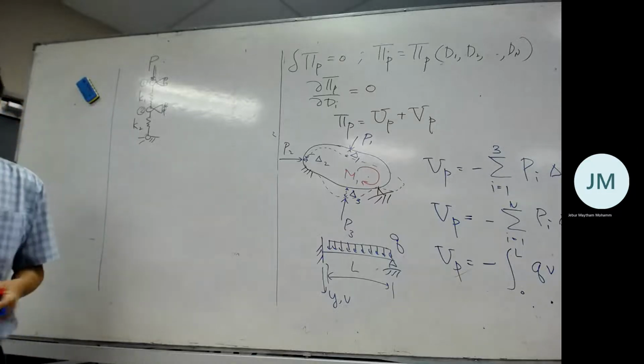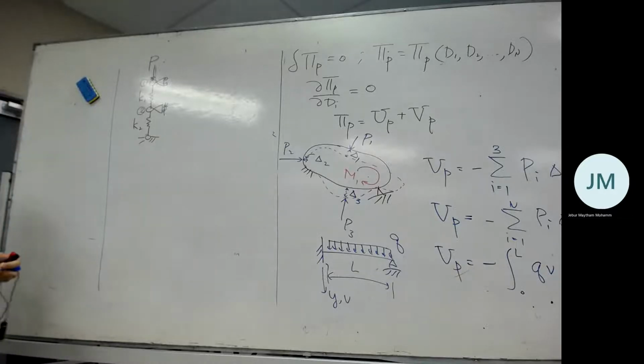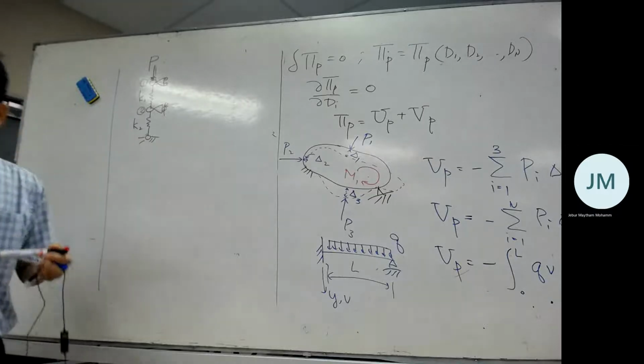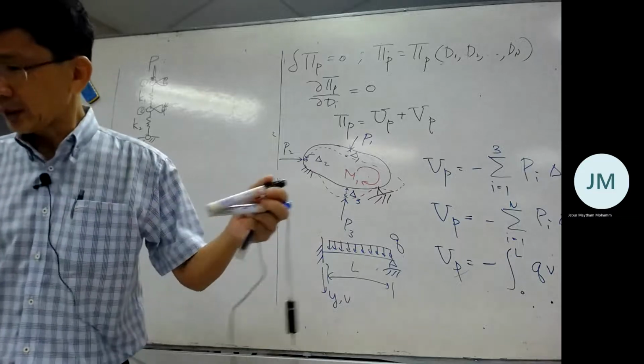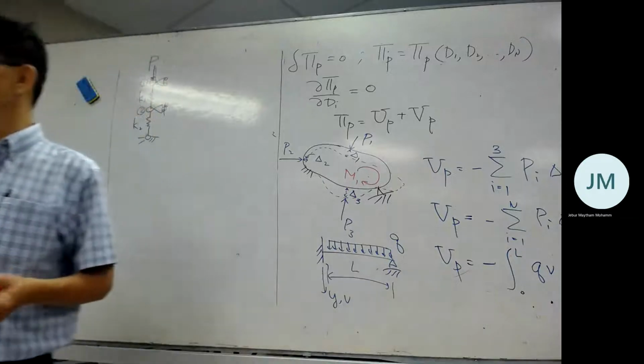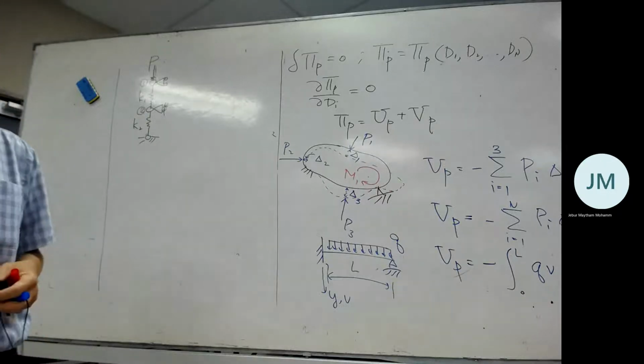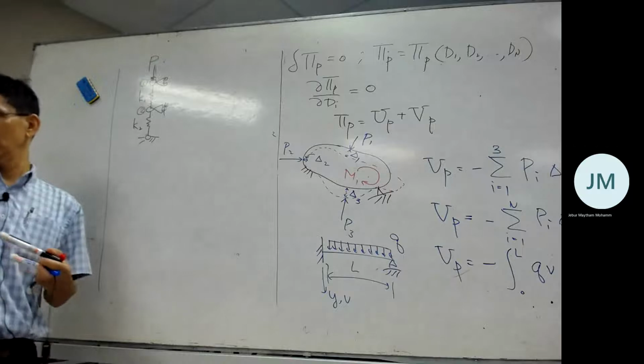So that you get complete information with that number of displacements. If degrees of freedom is only 1, then we need to know only that one displacement and then we know how the structure deforms. If degrees of freedom is 2, then we need to know 2 displacements in order to completely describe how the structure will deform.